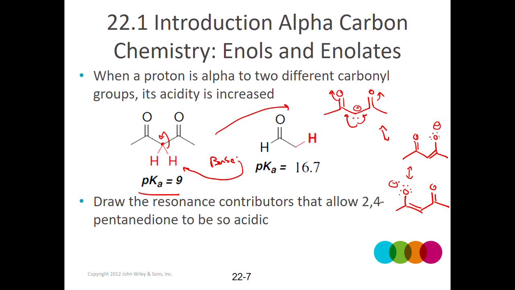That's going to be only a fraction of a negative on each of those atoms, so it's going to be a lot more stable. Right? So the more atoms the negative can be spread out over, the more stable it will be. And when the conjugate base, which would be the resonance hybrid of these three, is formed, because it's so stable, that means that the acid is stronger and will more readily donate a proton.